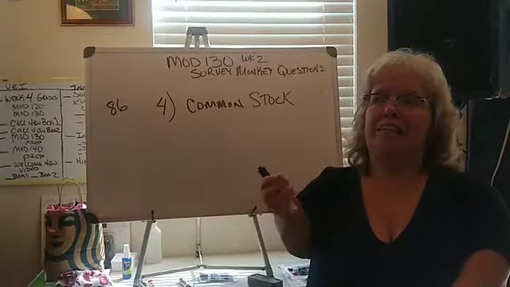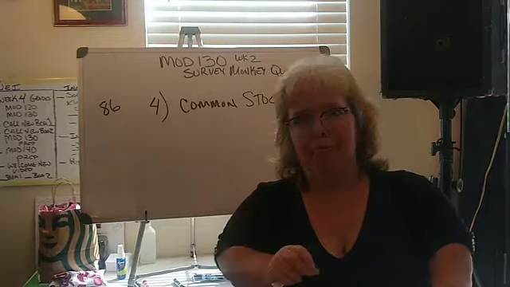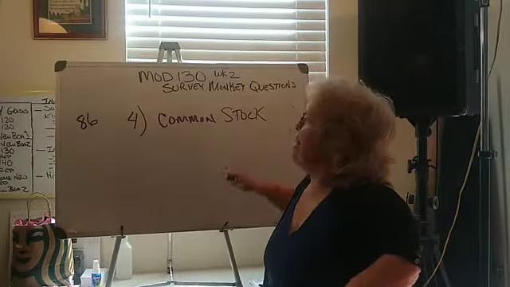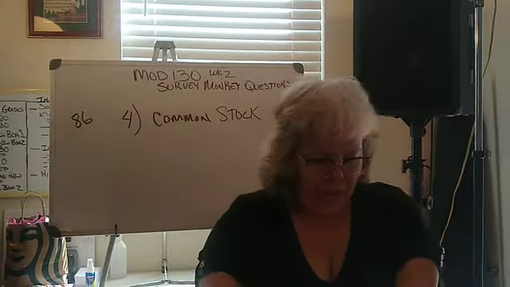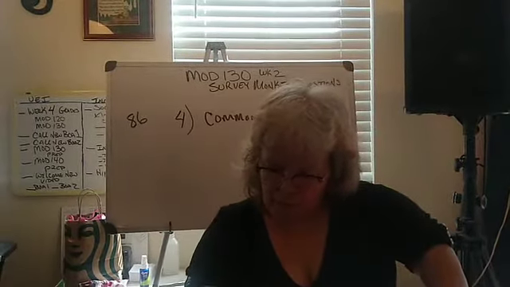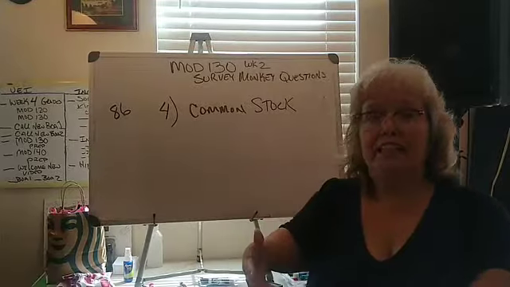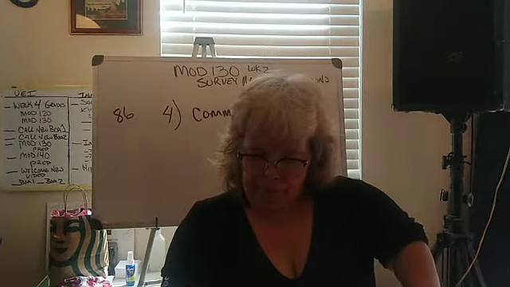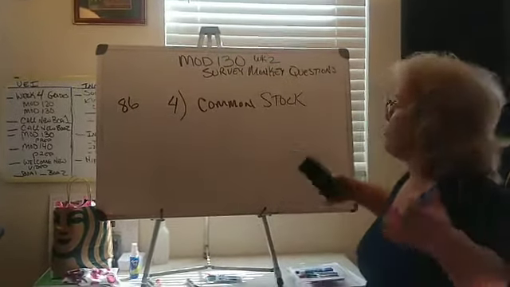In other words, they don't get the biggest piece of the pie. They get a smaller piece of pie. So common stock is not as good as other types of stock. So common stock has less advantage when it comes to divvying up the dividends or the piece of the pie. All right. But they do have voting rights, so they can have a say in how the company is run.